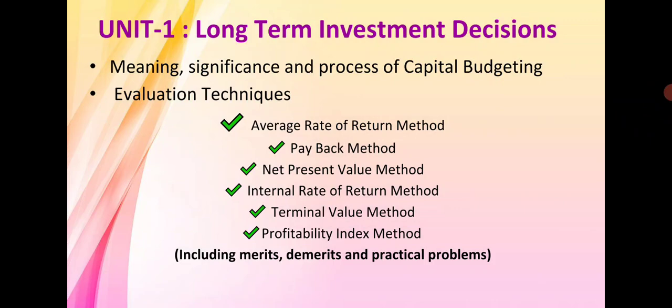The first unit is long-term investment decision. In short, we can say that it is capital budgeting. In that we are going to study the introduction, the meaning, significance, and process of capital budgeting.